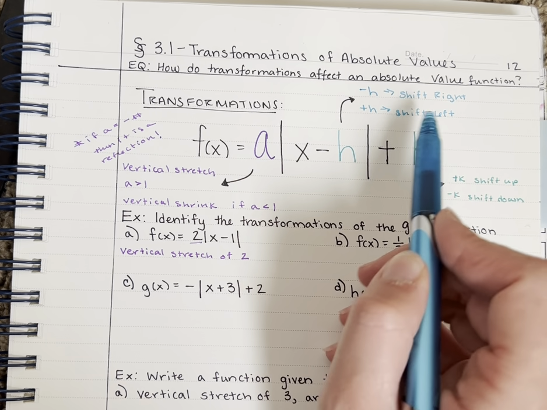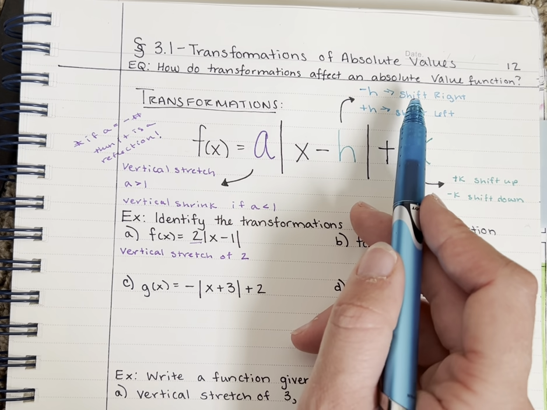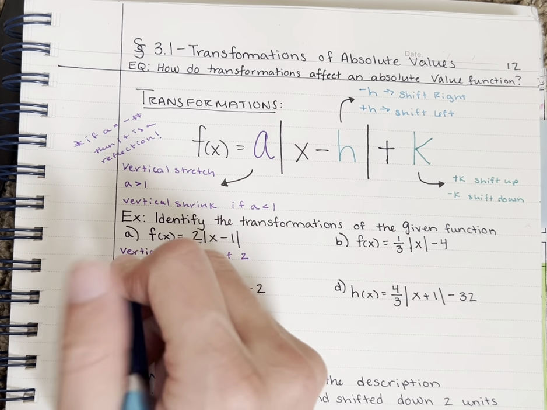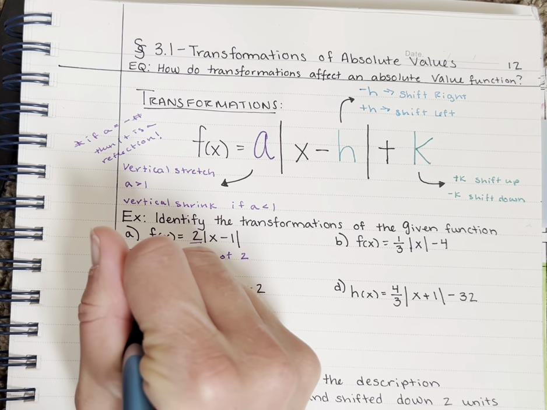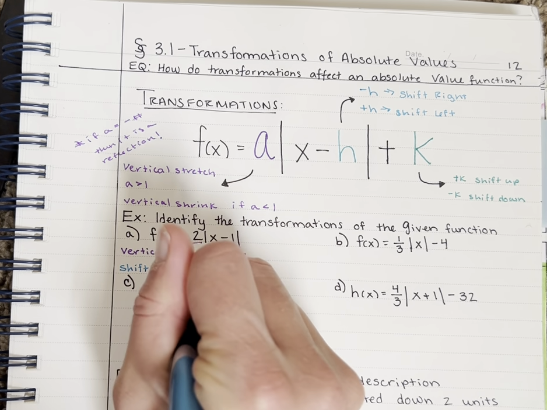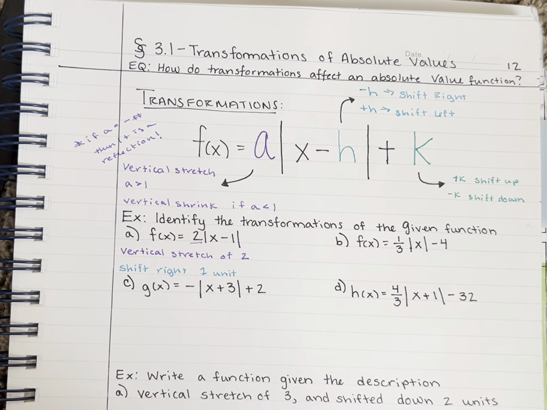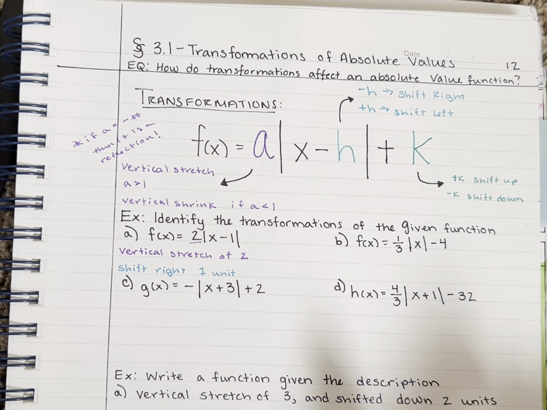Remember, H shifts it left or right. This is a -1. Minus H means I'm shifting right 1 unit. Okay, and those are all of the transformations that are happening in that equation.